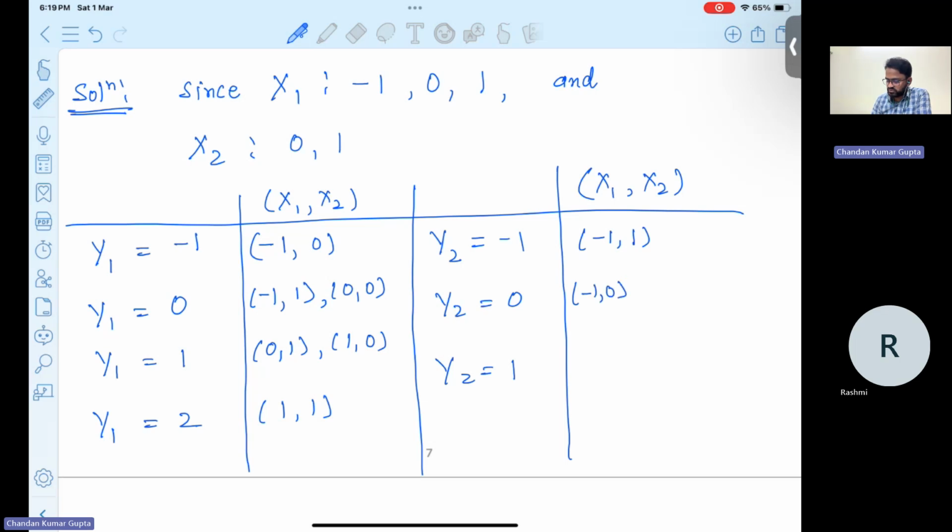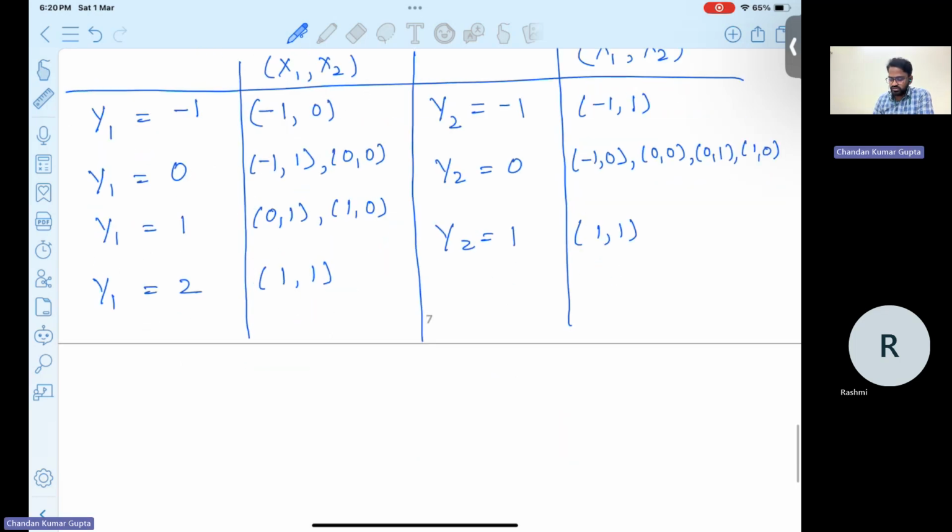So -1, 0, 0, 0, 0, 1, and 1, 0. These are the four possibilities of x1 and x2 when the product gives 0, and it gives 1 when both are 1. Okay, so this is how x1, x2 are related to y1 and y2.